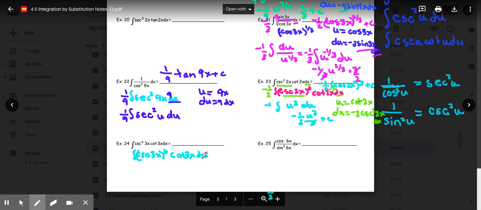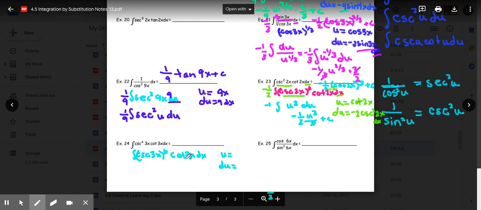Now, with our u here, you would most likely try to pick u the inside of the parenthesis. Here we could have done it, and you're going to see the method we use here. We could have also done it with example 23. But let me explain why picking the same u as 23 isn't going to work for example 24.